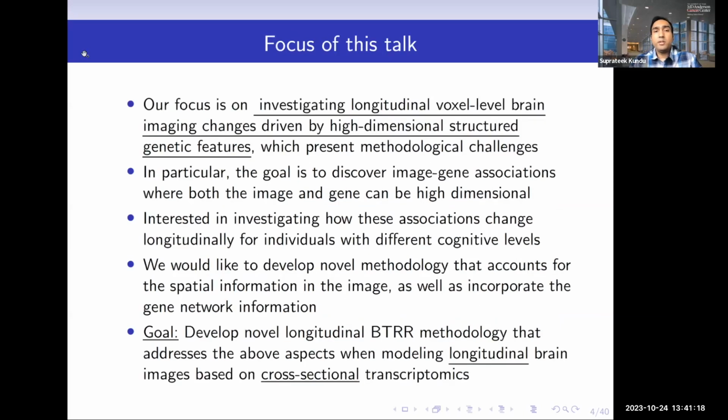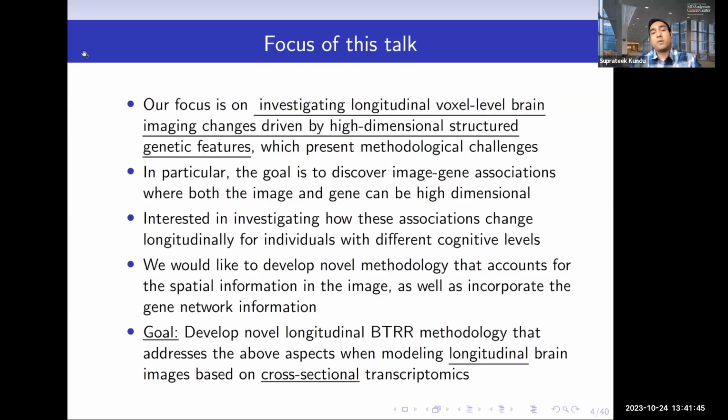The focus of today's talk is on investigating longitudinal voxel level brain imaging changes driven by high dimensional structured genetic features. What does this mean? Essentially, we would like to look at the changes in the brain image over longitudinal visits and how those changes are associated with genetic features or transcriptomic features.